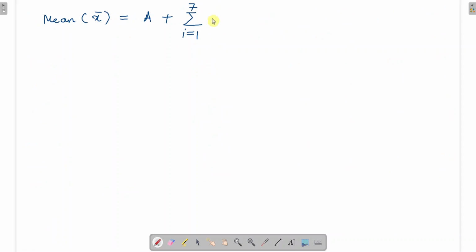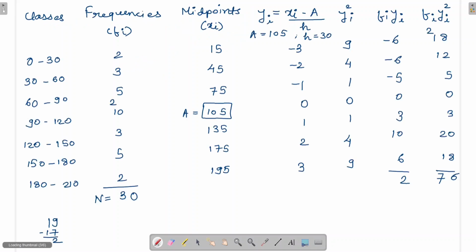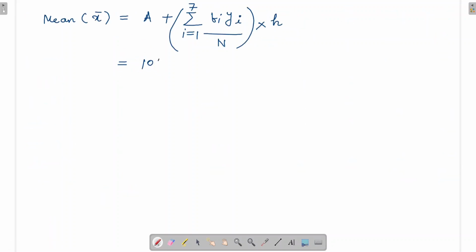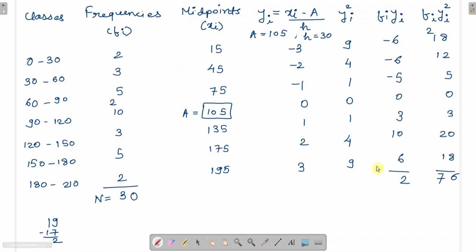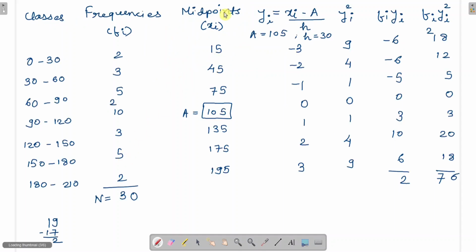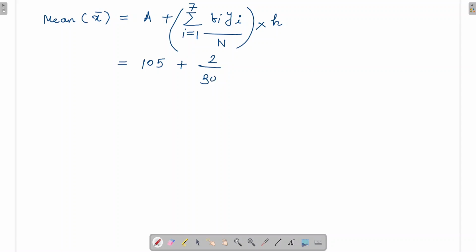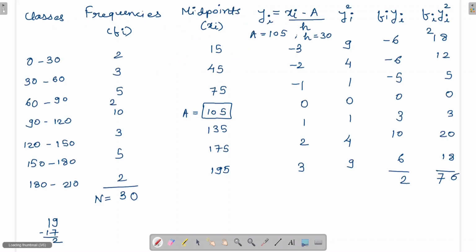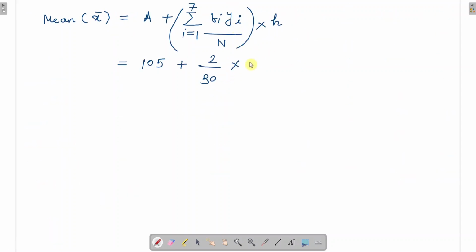So 7, Fi Yi divided by N into H. So this is equal to assumed mean 105 plus Fi Yi summation is 2 divided by N which is 30, and H is 30.